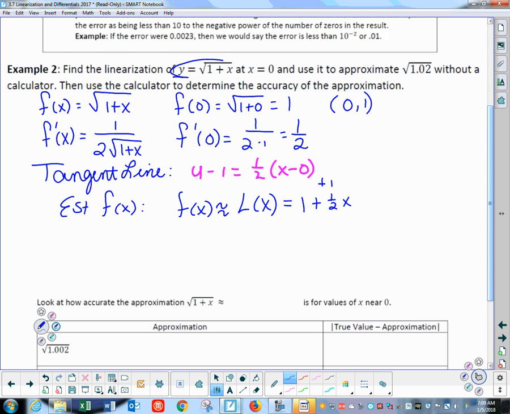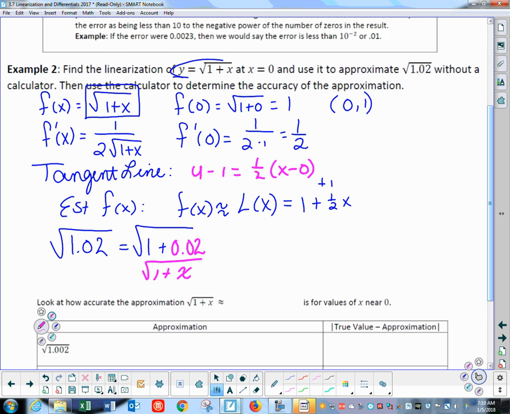If I wanted to make my estimate of the square root of 1.02, well, if I look back at this function and the way it was created, that really means I'm looking at 1 plus 0.02, where x is the 0.02. So on this linearization, my function is going to be evaluating 0.02 instead of writing 1.02.